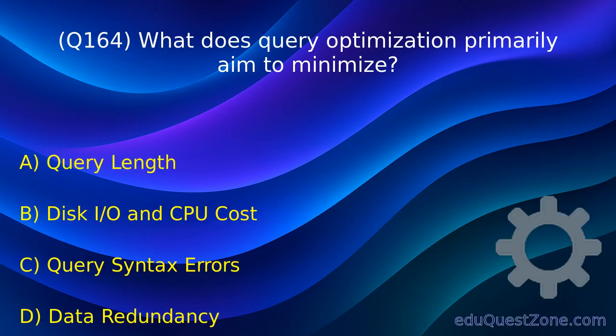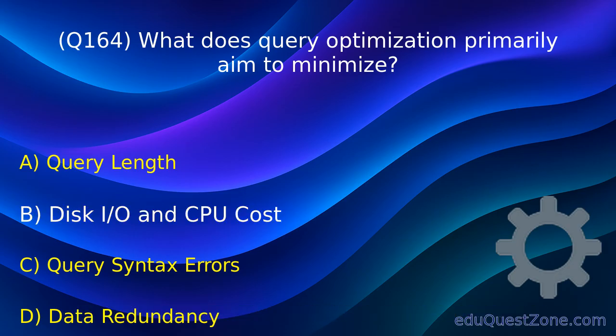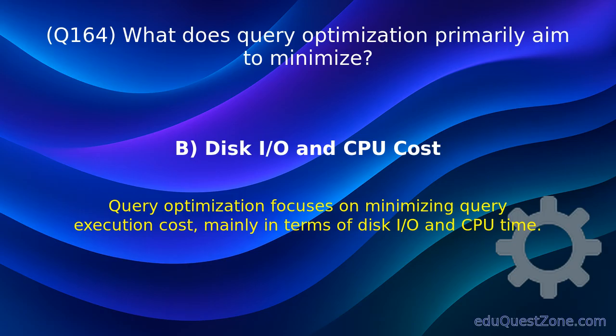Question number 164. What does query optimization primarily aim to minimize? Option B. Disk I/O and CPU cost. Query optimization minimizes execution costs such as disk input-output and CPU usage.